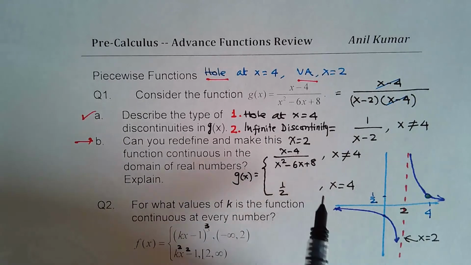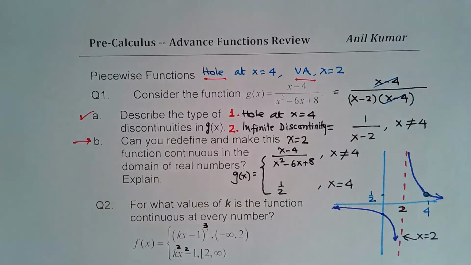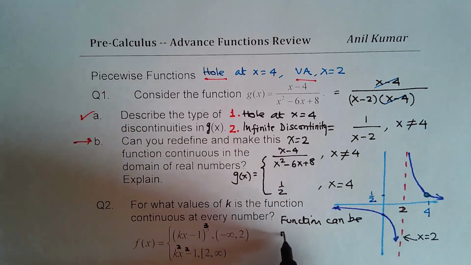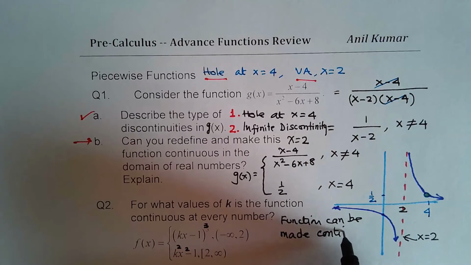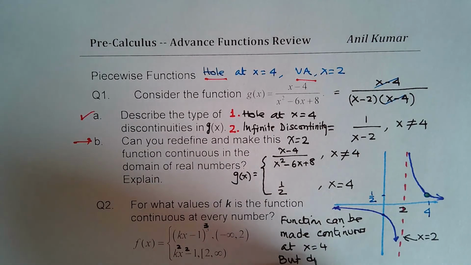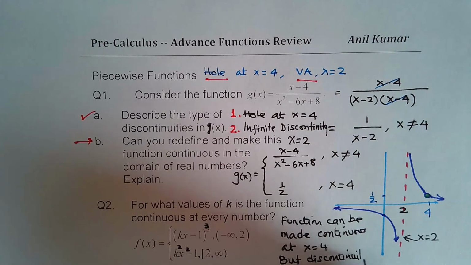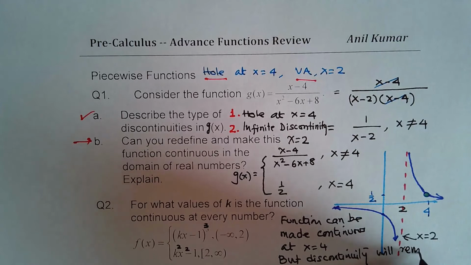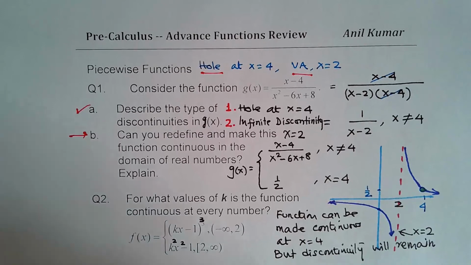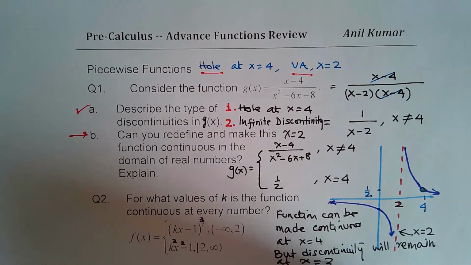So we can make the function continuous only at x equals 4. Therefore, the function can be made continuous by redefining as we did, but discontinuity will remain at x equals 2, since it is infinite discontinuity.